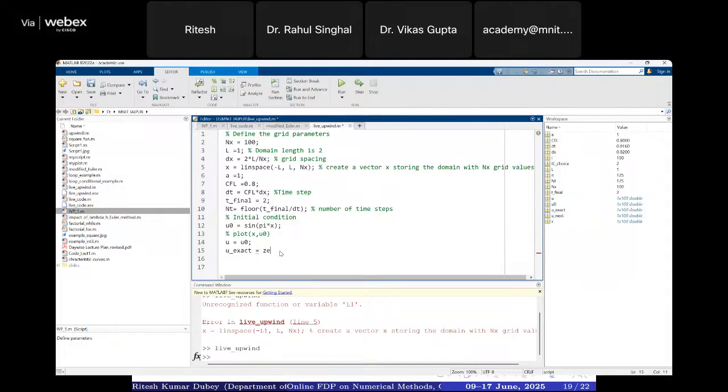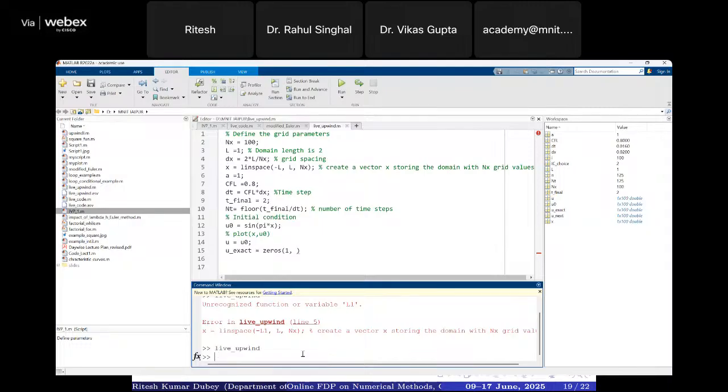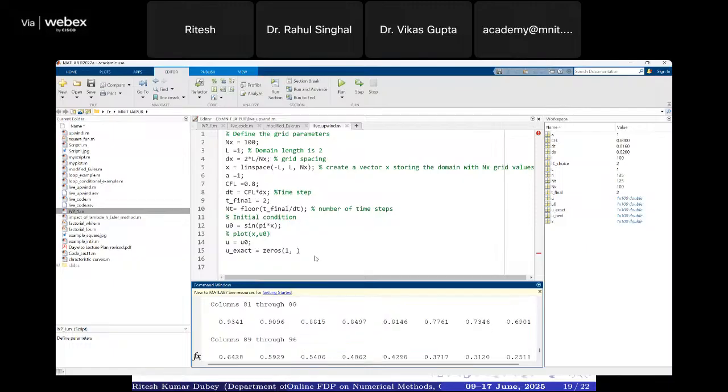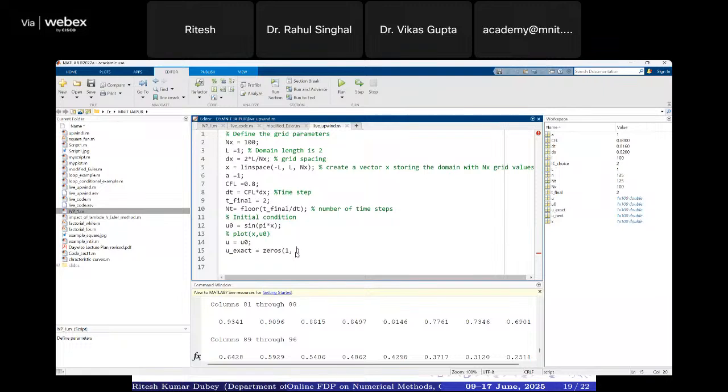So there are many ways. You can define zeros of size 1 comma nx, since x is a row vector and u0 is a row vector. I'll take the same size as x.